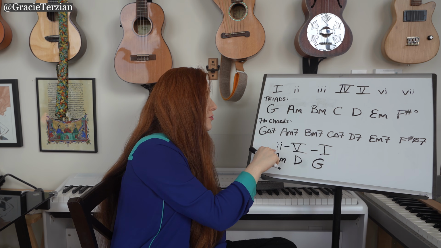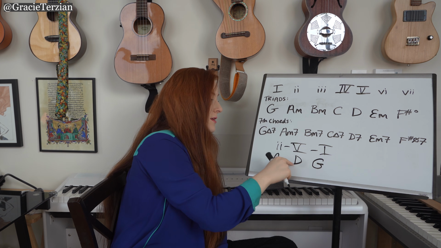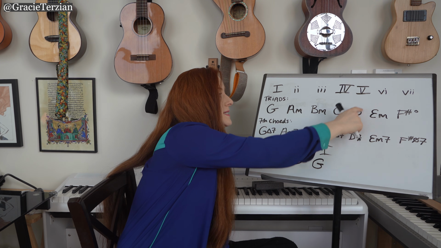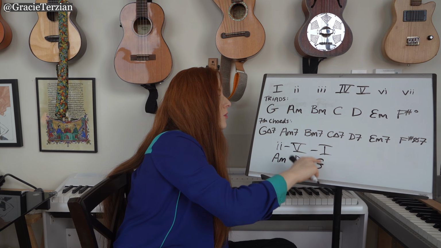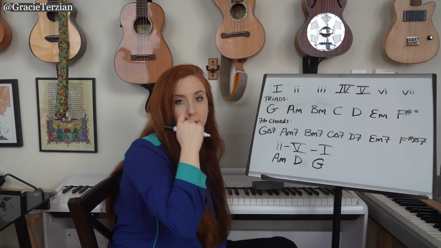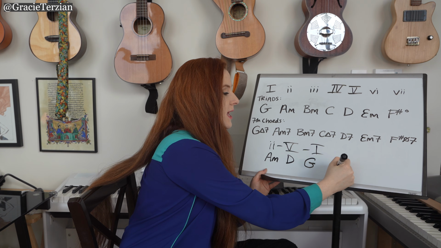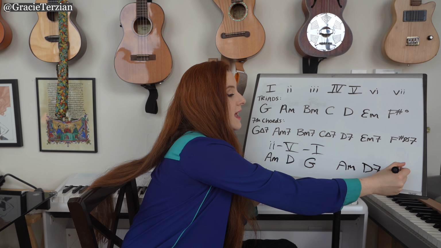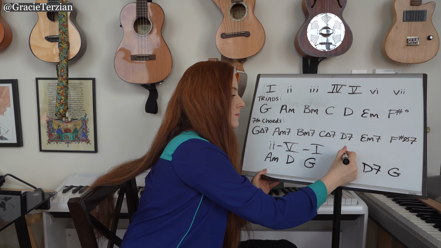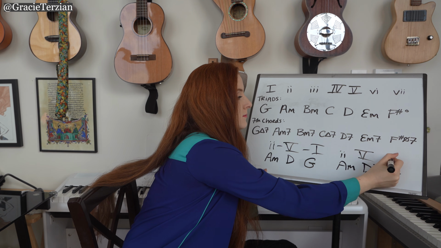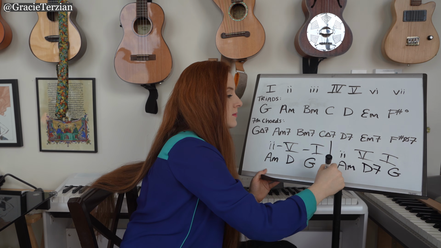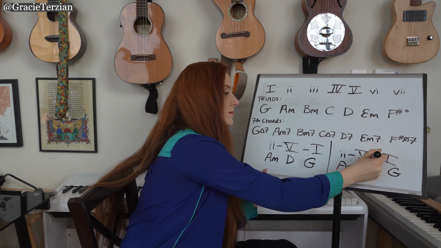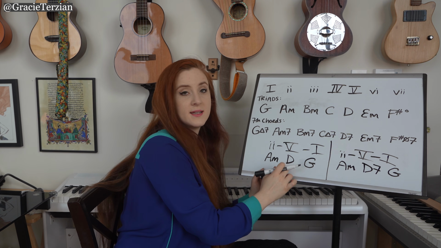So the 2 chord here, A minor, the 5 chord here, D major, and then the 1 chord is G, right? But instead, I was writing it out as A minor, D7, and then G. So I was writing it like this, with a D7 instead of a D major chord.